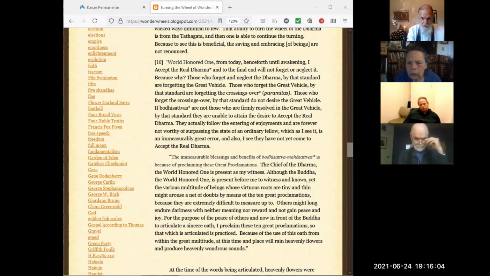It shows up in 2 ways: a 3-character transliteration, parami, which leaves off the 4th character, ta. And then it has the single character that's used for paramita in the Chinese translation. So it both shows up as transliteration and translation.